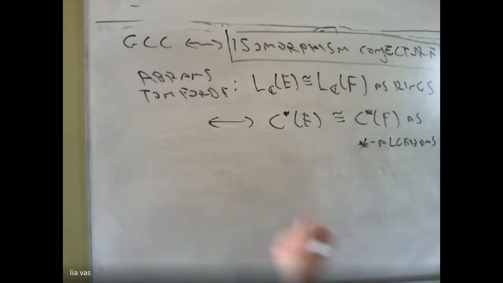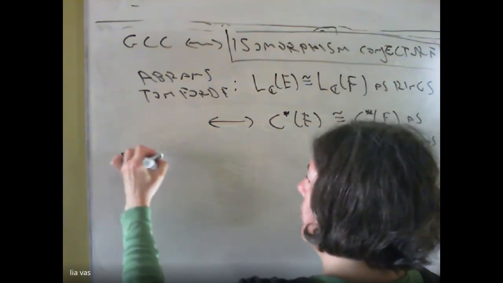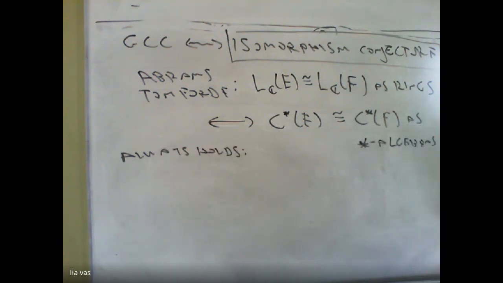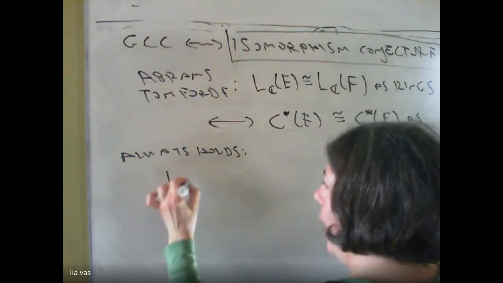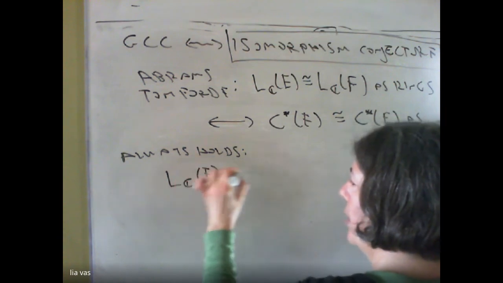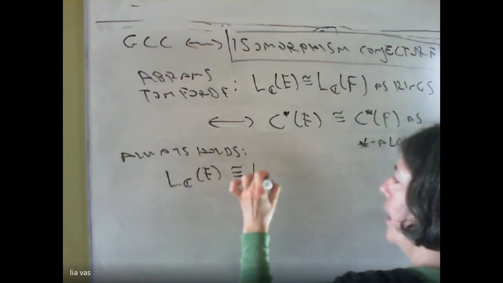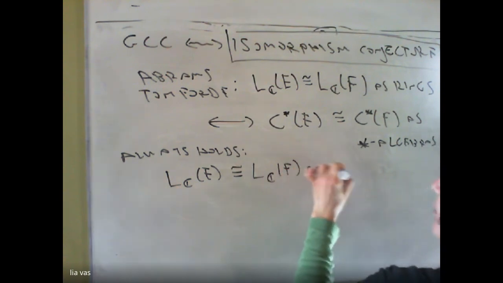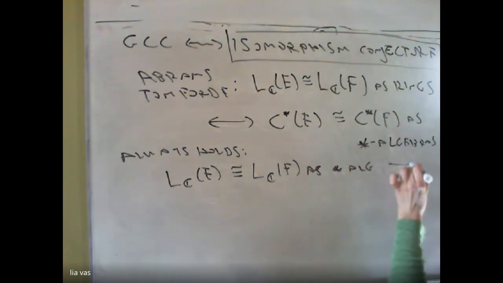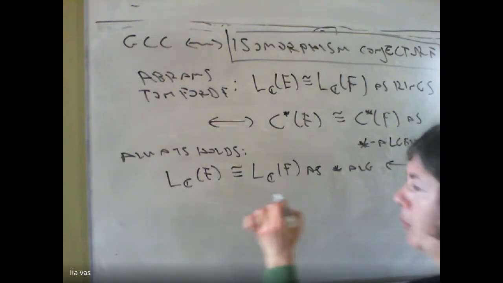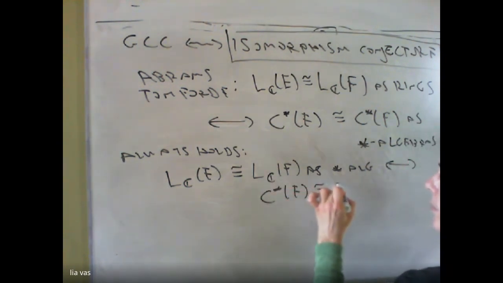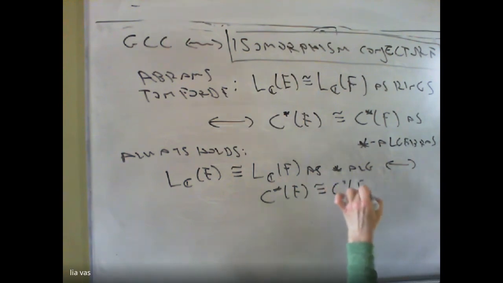So what always holds is that if two Leavitt path algebras over complex numbers are isomorphic as star algebras, then you can get that the graph C-star algebras are isomorphic.